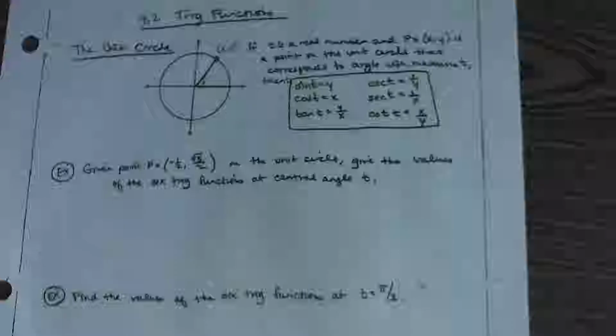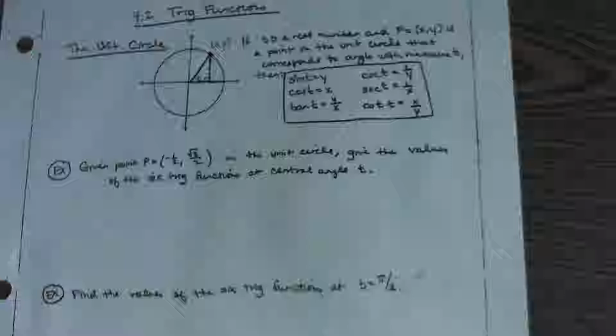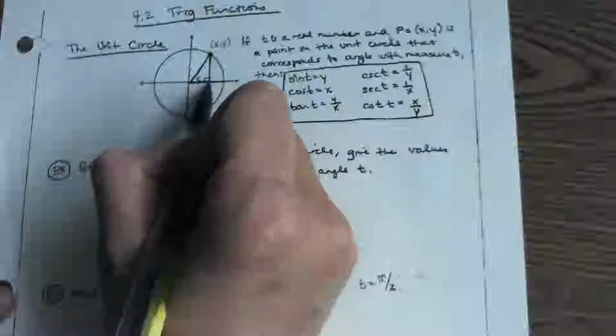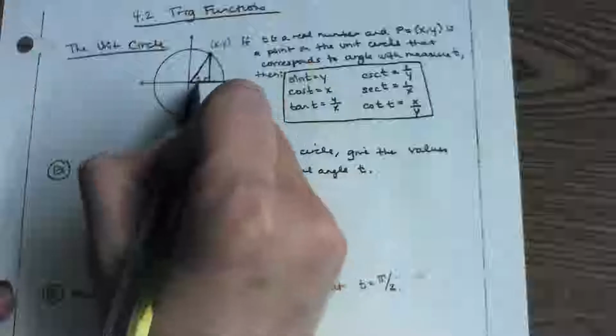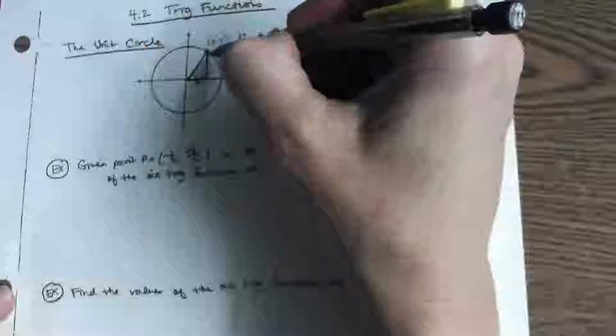Opposite over hypotenuse, correct. It requires what kind of shape first? Right triangle. So if you drop this altitude to the x-axis, as we always do, what's the length of this leg in terms of our variables? X. And the length of this leg?